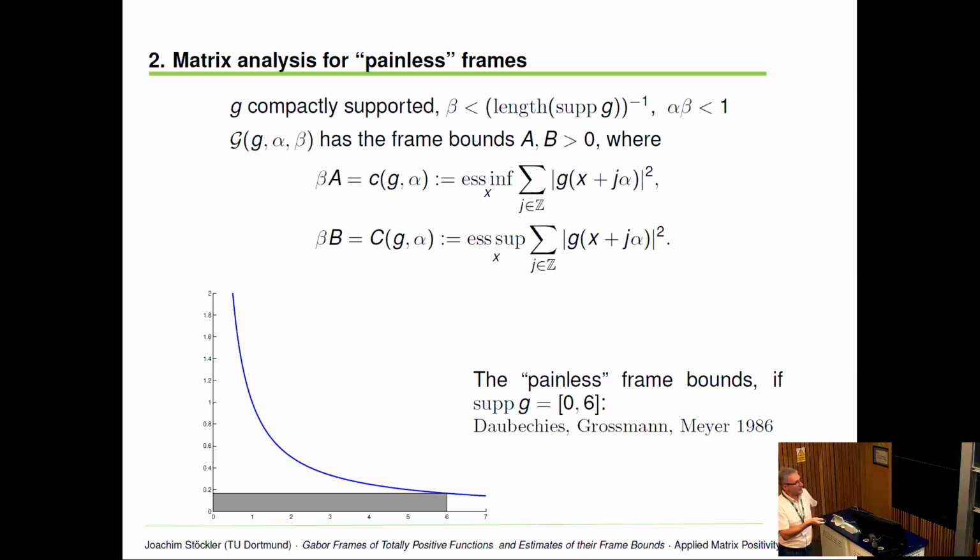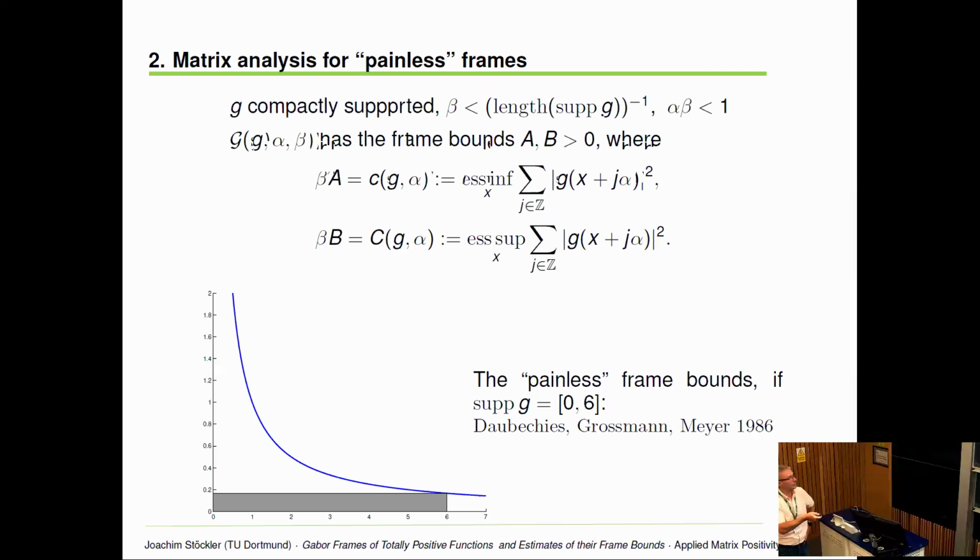There's a result in these early papers by Daubechies, Grossmann, and Meyer, 1986, with a very simple proof, where they show you have a Gabor frame for a window with compact support as soon as your beta parameter, the modulation parameter, is less than the reciprocal length of the support.